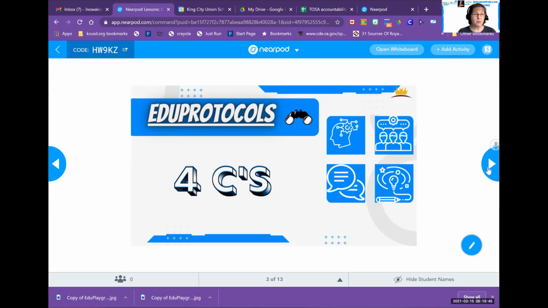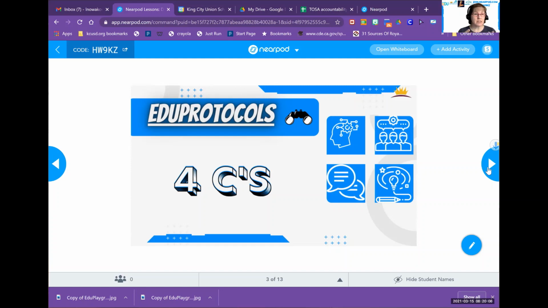The beauty of EduProtocols is they know what's going to happen, so they don't have to navigate the protocol or the worksheet or what you're asking them to do, because in Fast and the Curious there is no sheet or anything that they have to fill in. That takes that away from them so that they can focus on the content.